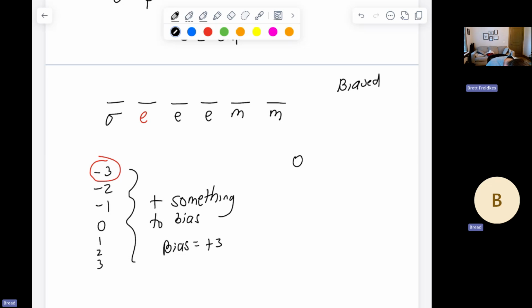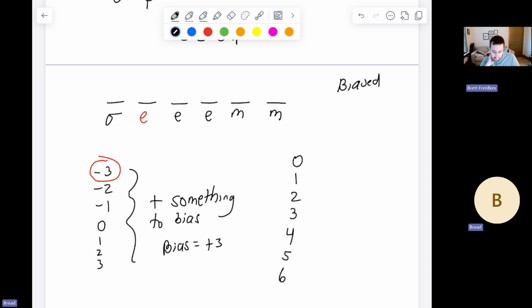We will have a range 0, 1, 2, 3, 4, 5, 6. And based on that, it looks like I have the same number of possible combinations. I had 7 combinations in the unbiased system, and I currently have 7 combinations in the biased system.